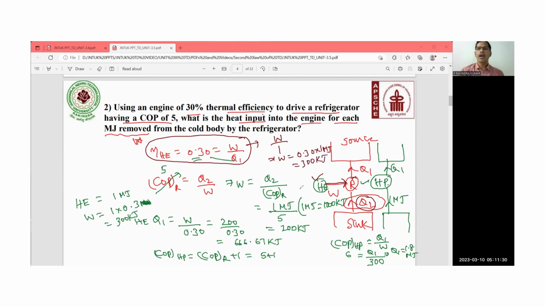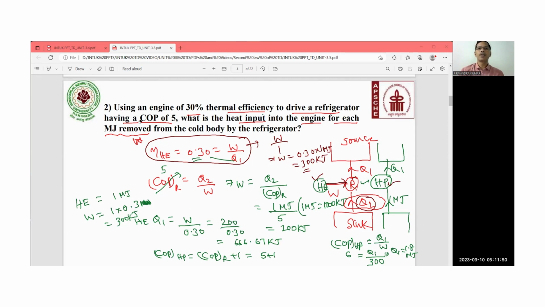Now, whatever output, 300 kilojoules, you are getting from the heat engine is to be connected to the refrigerator. Solve that problem. Instead of a refrigerator, if you replace the refrigerator with a heat pump, solve the problem so that you can get the answer.